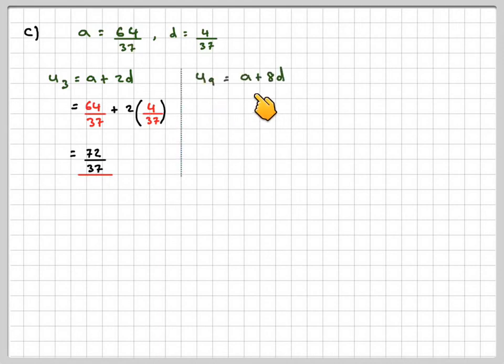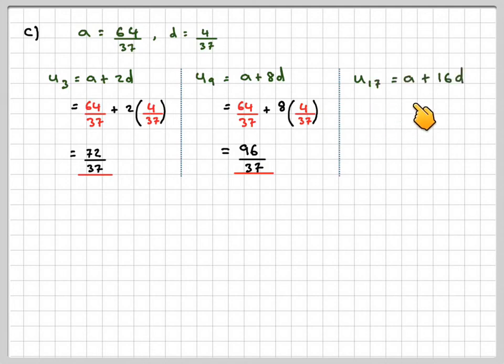The ninth term is going to be a plus 8d, which is 64 over 37 plus 8 times 4 over 37, which will give you 96 over 37. And the 17th term will be a plus 16d, which will give you 64 over 37 plus 16 times 4 over 37, which will give you 128 over 37.